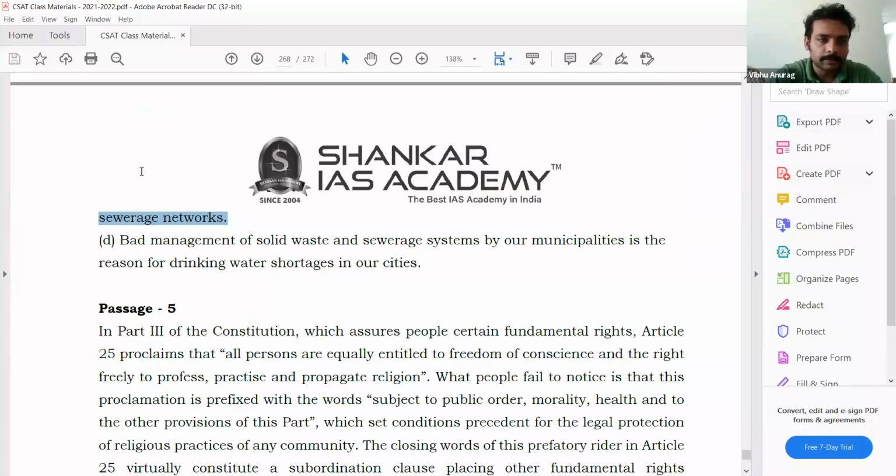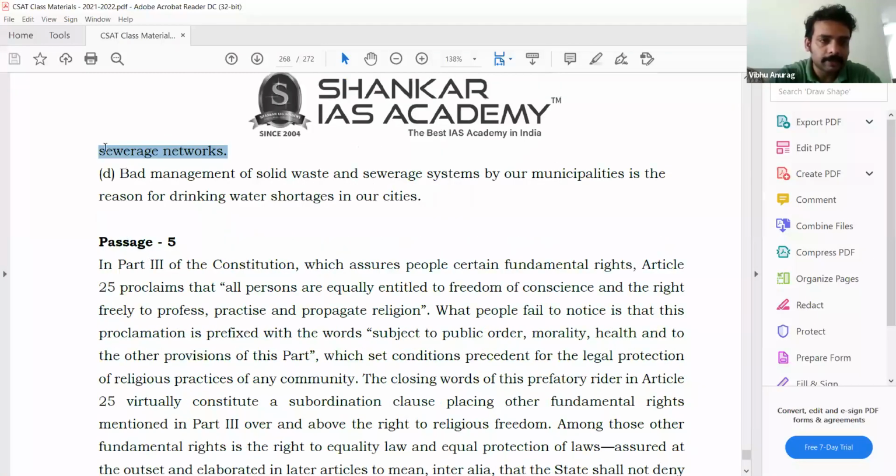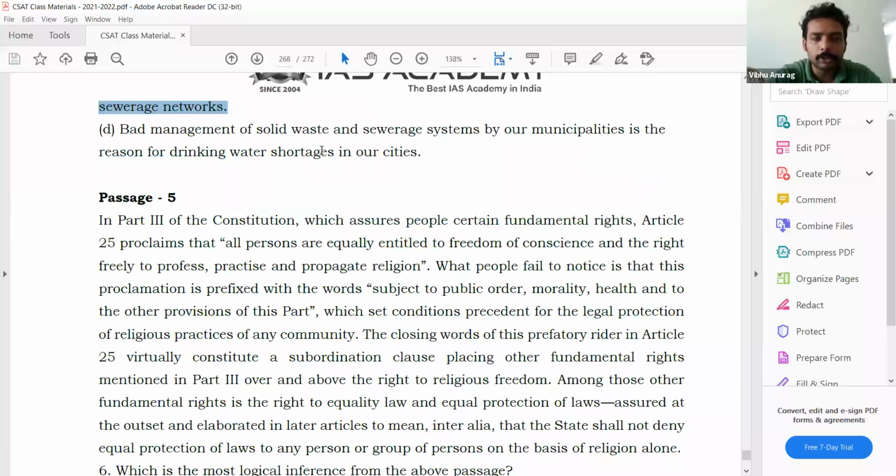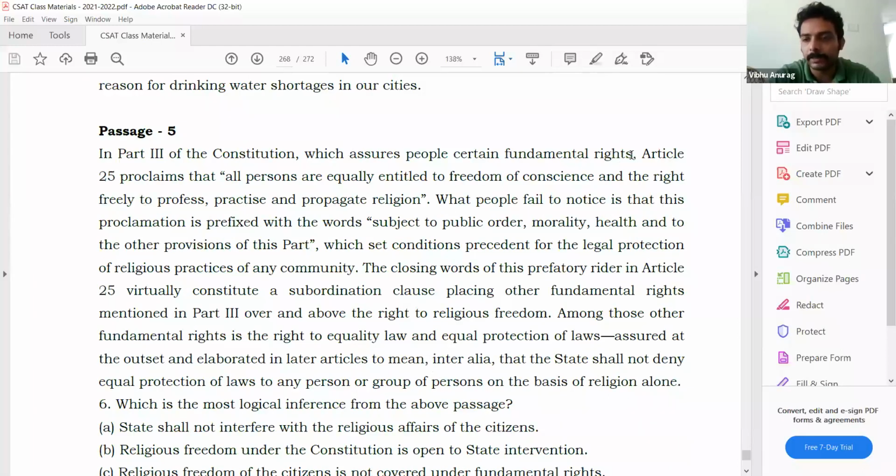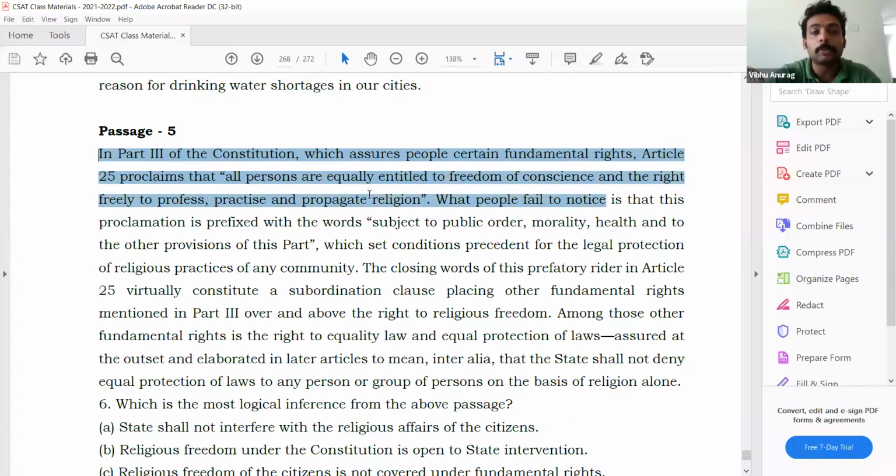And the last one, passage 5. In part 3 of the Constitution, which assures people certain fundamental rights, Article 25 proclaims that all persons are equally entitled to freedom of conscience and the right freely to profess, practice, and propagate religion. So that is given.